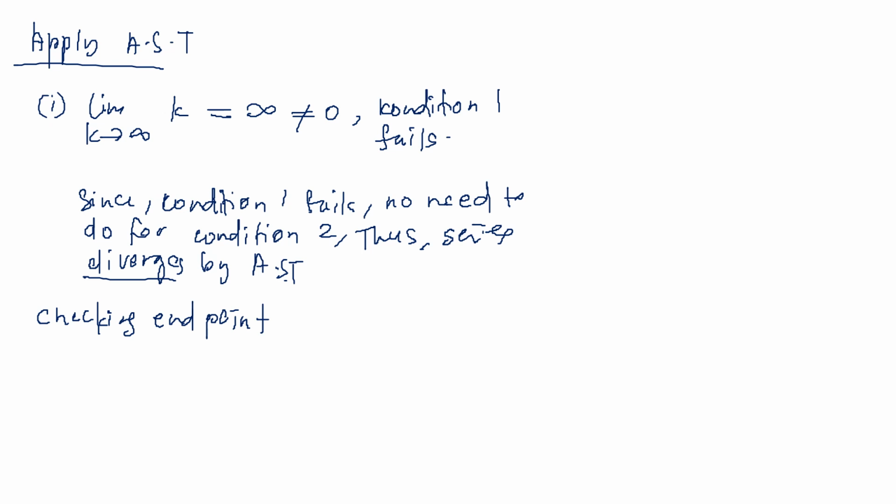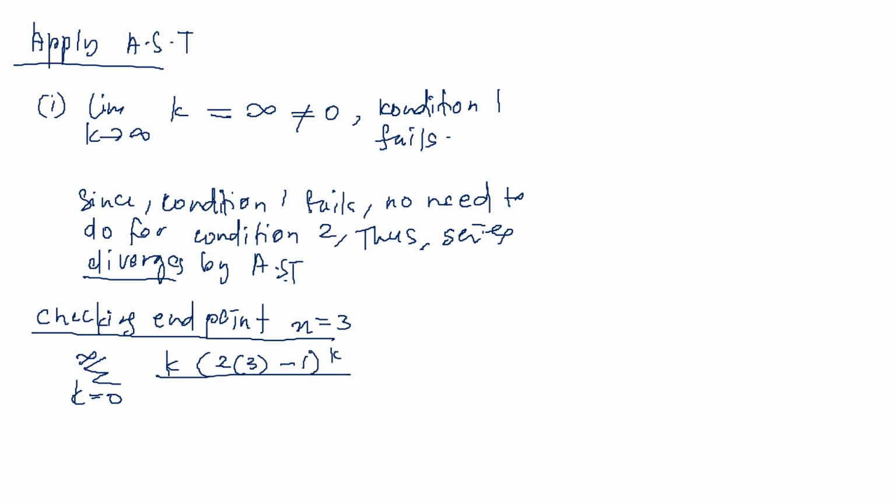Checking the endpoint x equals 3. So we substitute into the original series. You will get k times (6 minus 1) to the power of k over 5 to the power of k.